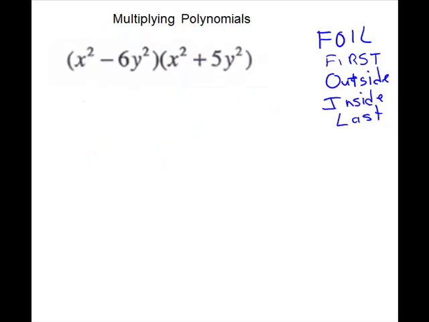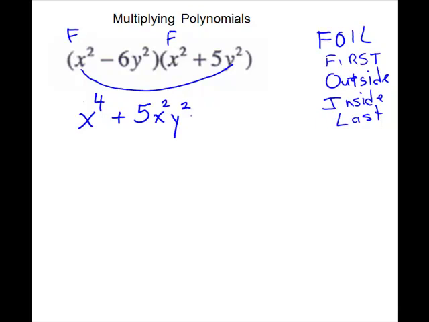Our next problem is also multiplying 2 binomials. These just have more exponents on there, but it will be a FOIL problem. So we will multiply our first terms, x squared times x squared. Remember, when you multiply variables, the exponents add. Right, outside edge, this will be 5 x squared y squared.